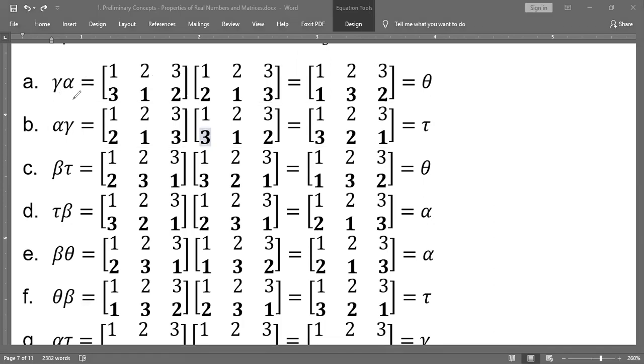Yung letter A. So, mauna pala yung second factor. So, 1 here goes to 2. But our 2 in gamma goes to 1. Therefore, 1 goes to 1.